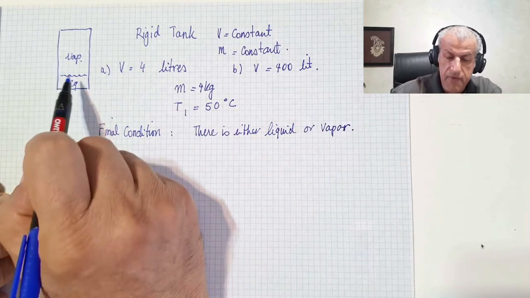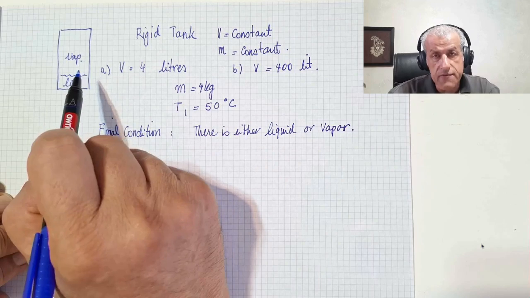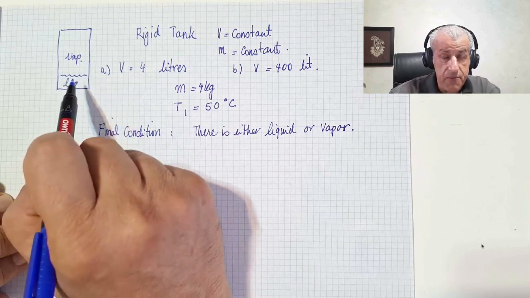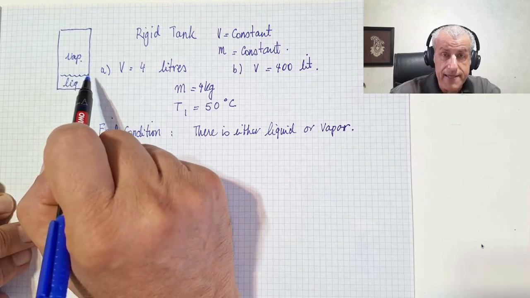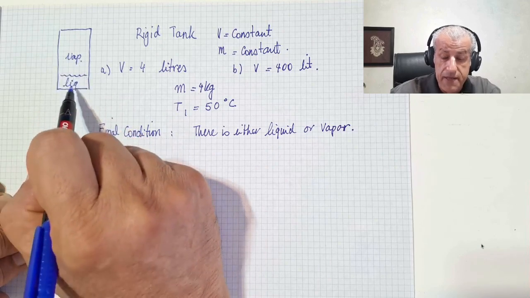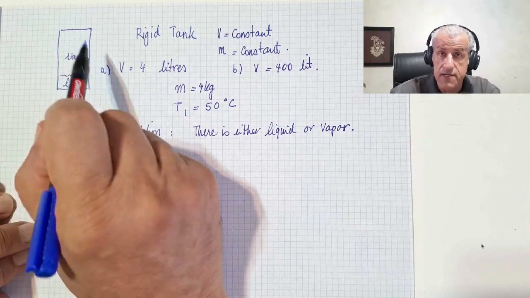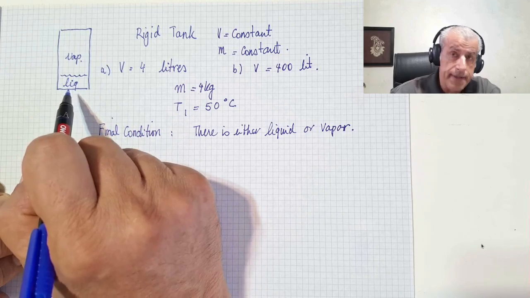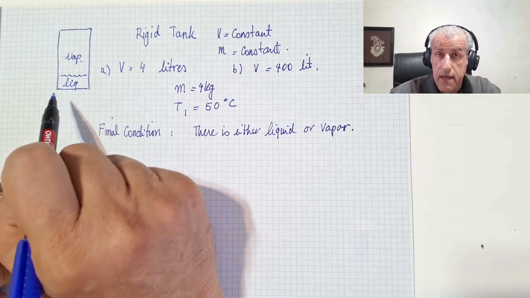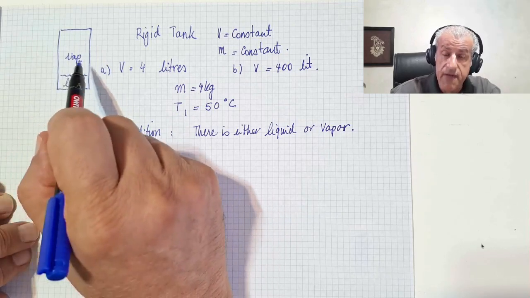I mean, when we heat it, two alternatives are possible. First, the pressure goes up, and as the pressure goes up, the vapor turns to liquid and liquid fills all the tank. Or alternatively, liquid vaporizes and vapor fills the tank.